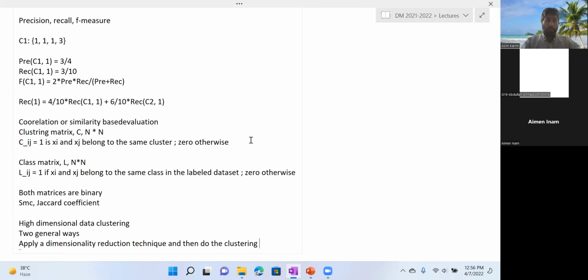So that is one class of approach. Of course, this is a two-step process. First, you do the dimensionality reduction or feature reduction, and in the second step, you apply an appropriate clustering algorithm like the k-means.